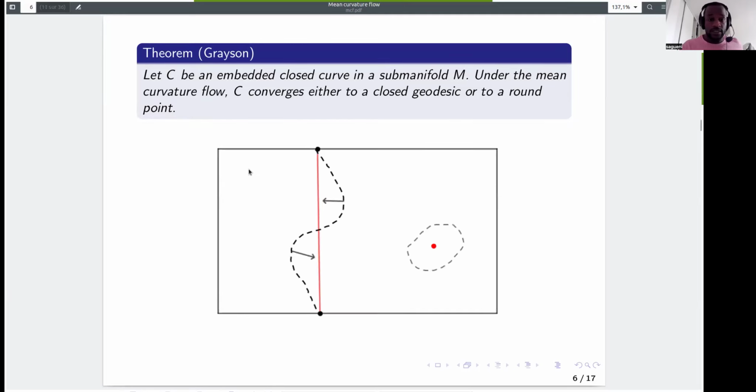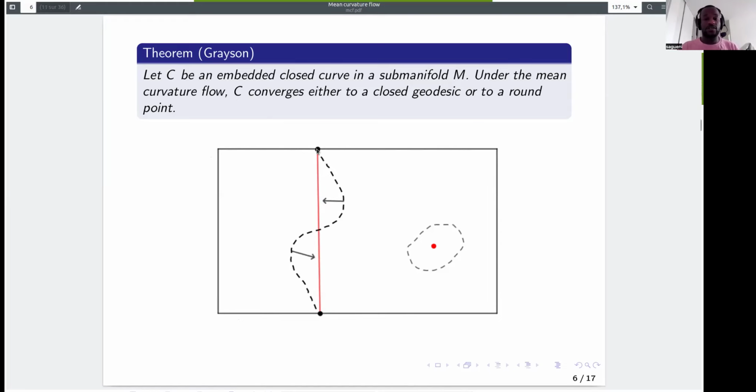Okay, so here's an example. If you take the torus, and you start with this curve, which has this point as an endpoint, we identify this point with this one because we identify this segment above with this segment below, and this segment at the left with this segment at the right. And this is how we construct the torus.